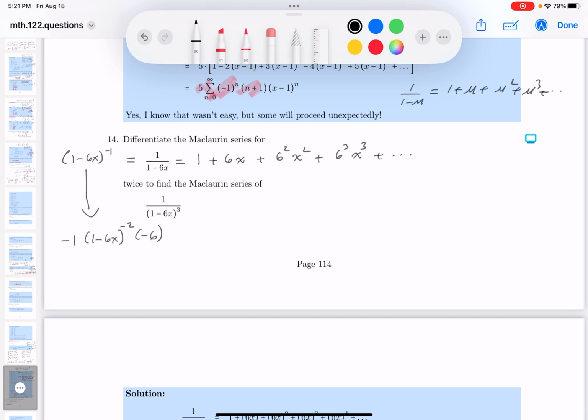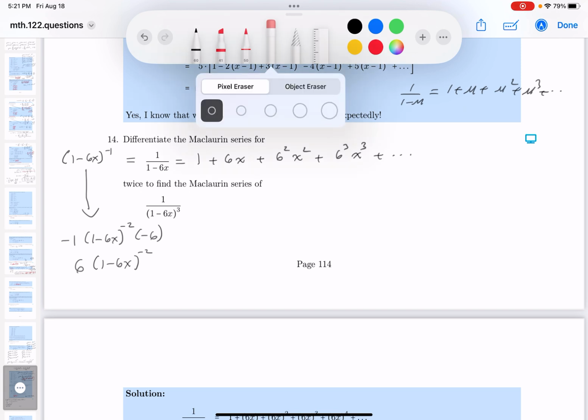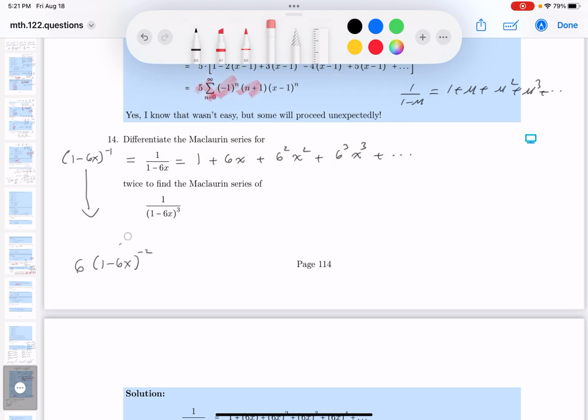I'm going to simplify that now. What do you get? You get 6 times 1 minus 6x to the minus 2. All right, I'm going to get my eraser out. I erase this business over here. I don't need that anymore. And let me differentiate the other side, which should be a lot easier for me to do, by the way.